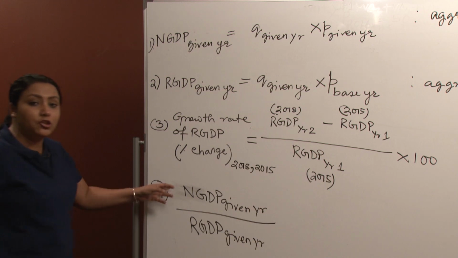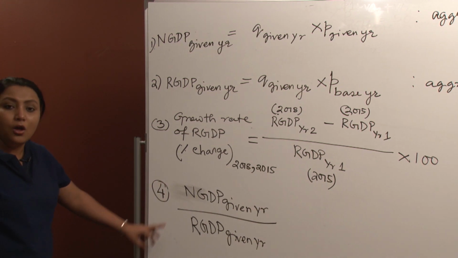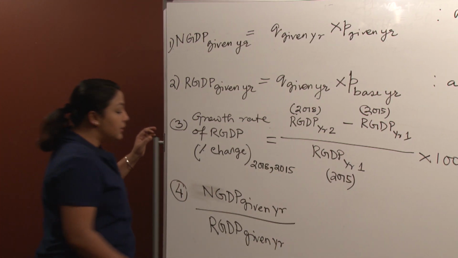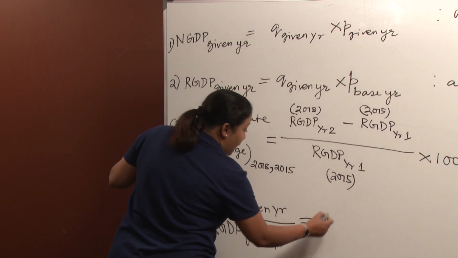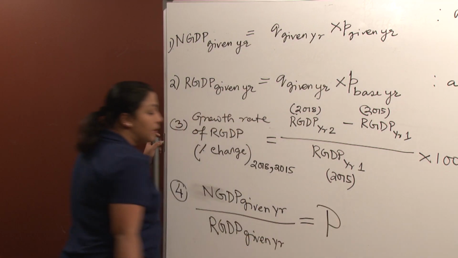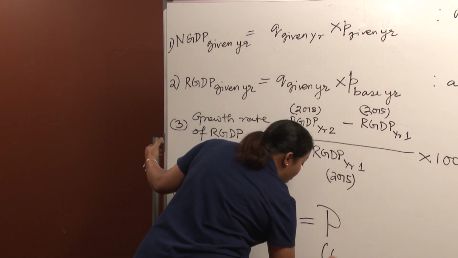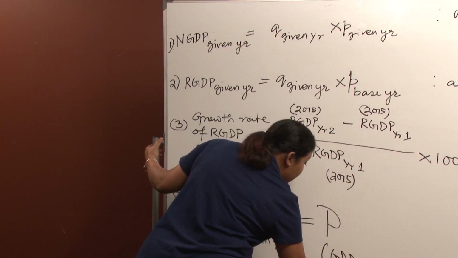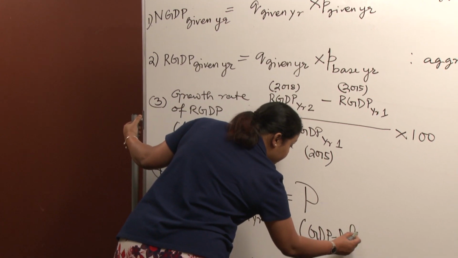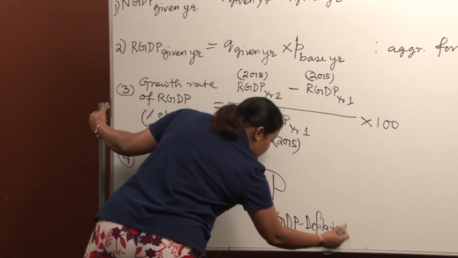So, if you take a ratio between nominal and real of any given year, then you get a value capital P, and this capital P is also called the GDP deflator.